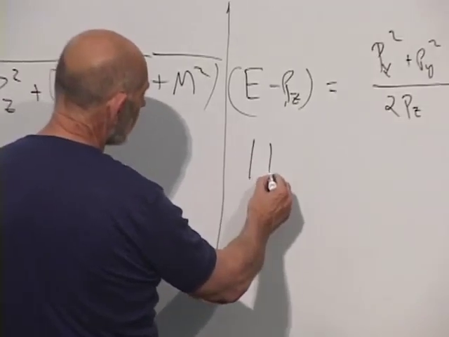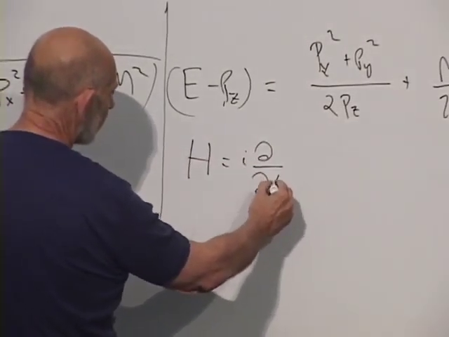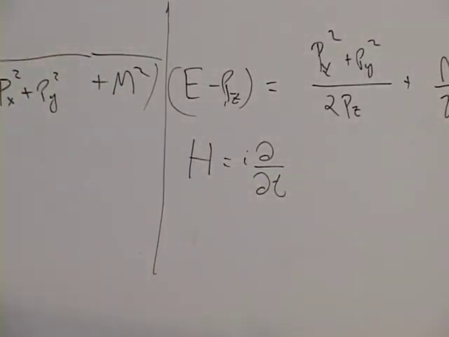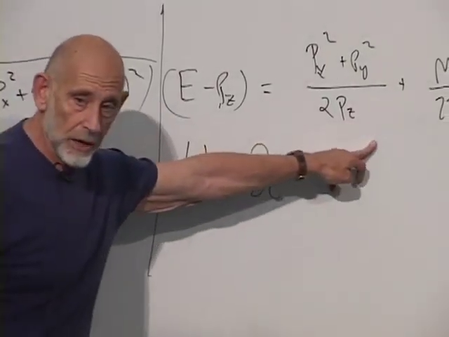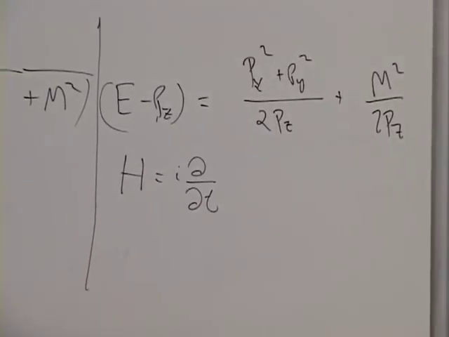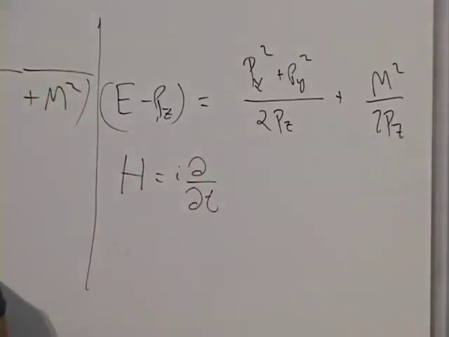Energy is Hamiltonian, and Hamiltonian is i d by dt, the time derivative of the wave function. Why is the right-hand side going to 0? If the right-hand side is going to 0, the left-hand side must be going to 0. In other words, the wave function must be changing very, very slowly for a particle moving with a large momentum. The internal wave function, the wave function having to do with its internal motions.